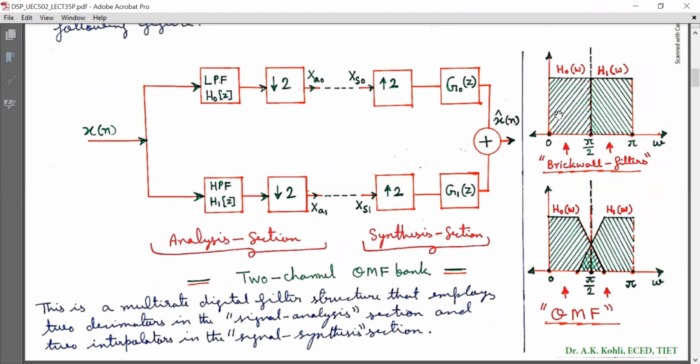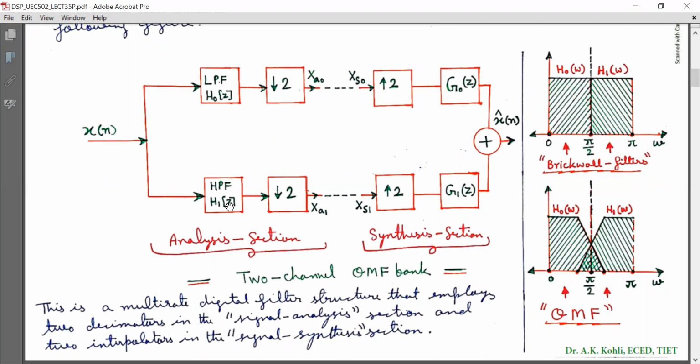Here x[n] is the input, which is first fed to a low pass filter with system function H0(z). The output of this low pass filter is given to a downsampler, which downsamples it by a factor of 2, and the output of the downsampler is XA0, as shown on the screen.